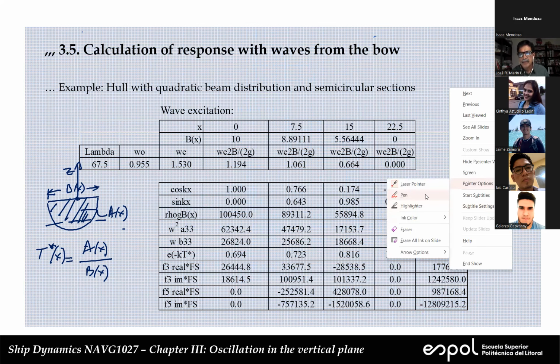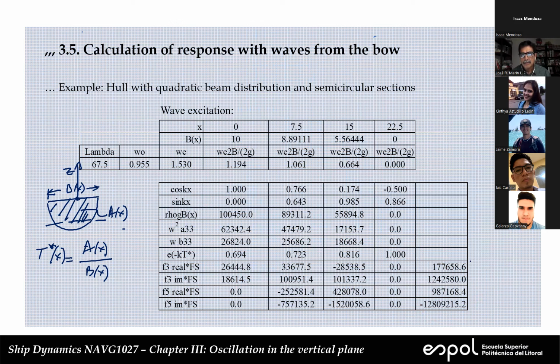Right now, these two terms will form the amplitude of the excitation. So this is F3 real plus i F3 imaginary: the real part goes here, and the imaginary part goes here.